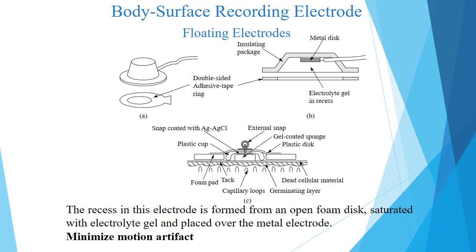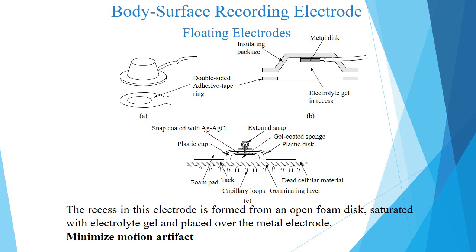The surface recording electrodes are classified into 5 types: metal plate electrodes, suction cup electrode, adhesive tape electrode, multi-point electrode, and floating electrode. Now we are going to see the floating electrode. In the multi-point electrode and the floating electrode, the metal does not contact the subject directly.